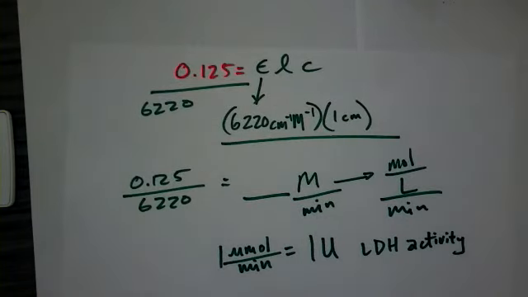I'll scan all these in and post them up on our Canvas page. We need to take this value, this change right here, and get it into micromole per minute.